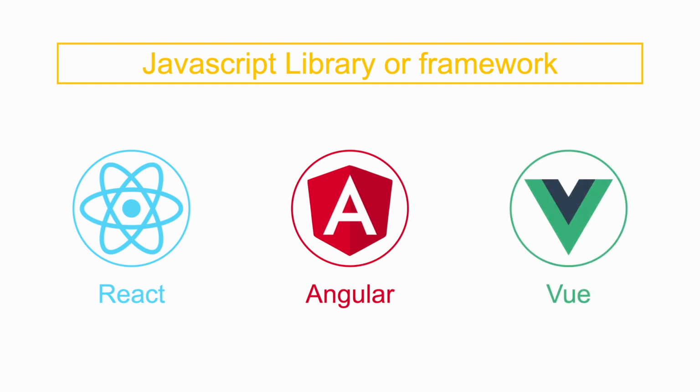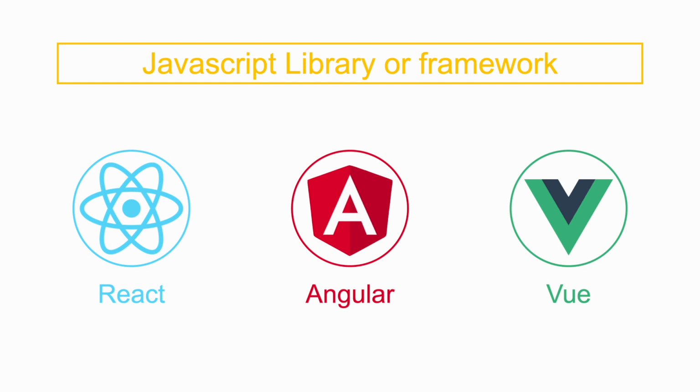Other libraries or frameworks are neither in the competition nor in much demand, so we haven't covered them. By far, React is the most popular and the most in demand in the industry. Even big tech giants have been migrating from other front-end frameworks or libraries to React.